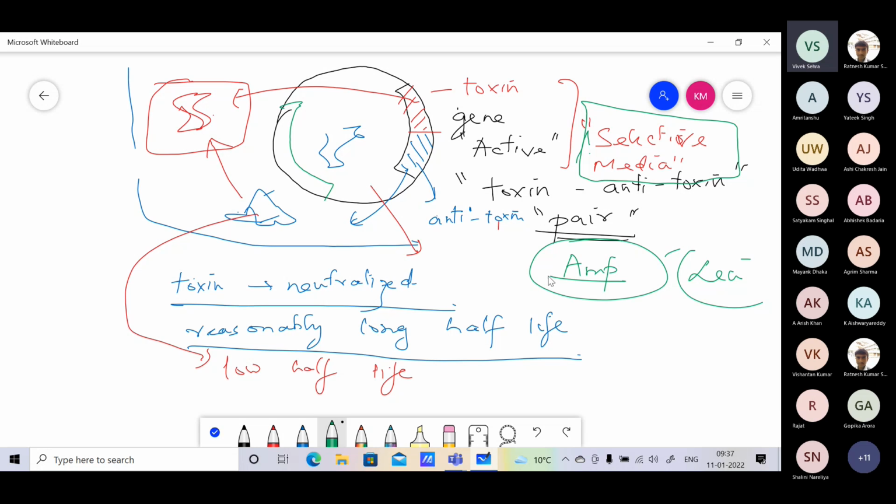Because remember earlier, you could always get rid of the plasmid by simply removing ampicillin, and slowly over a period of time, slowly but surely, plasmid-free cells will emerge and they will overtake and survive, and the cell will become plasmid free. Of course, it will take a lot of time. Similarly, the moment leucine is present, plasmids will be lost. And so to maintain, you have to either add ampicillin or subtract leucine.